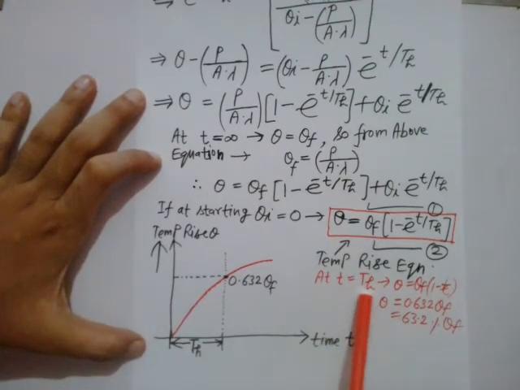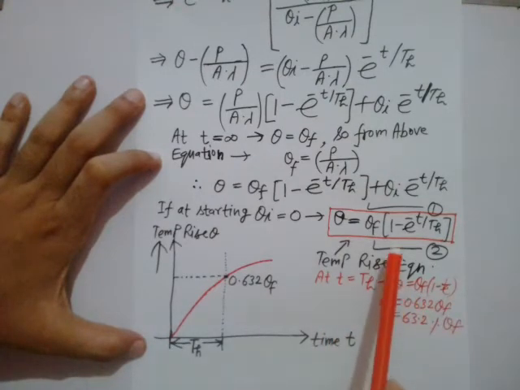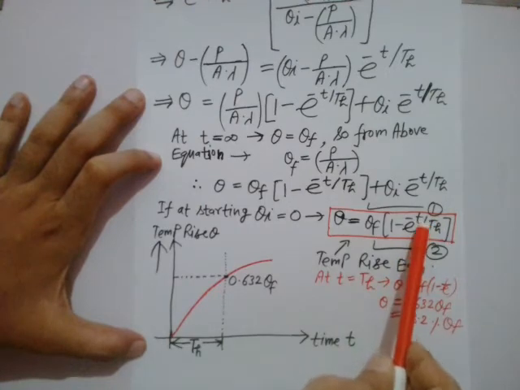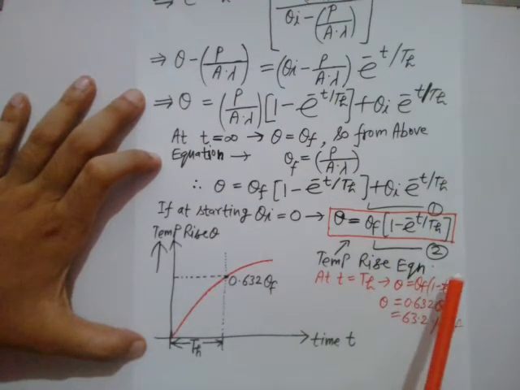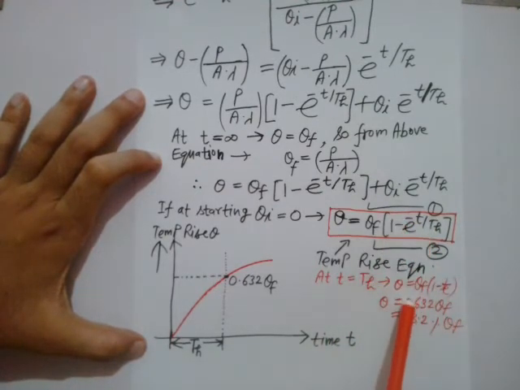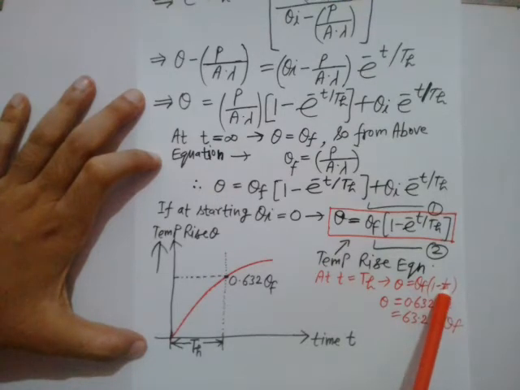So at t is equal to tau h, the heating time constant, put t is equal to tau h here. You will get theta is equal to theta f (1 minus 1 by e), because you are saying at t is equal to tau h. So e is 2.71828, so 1 by 2.71828, right?